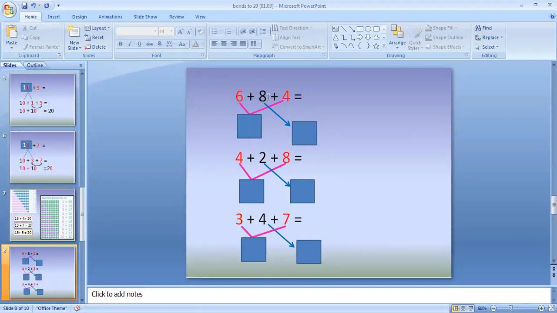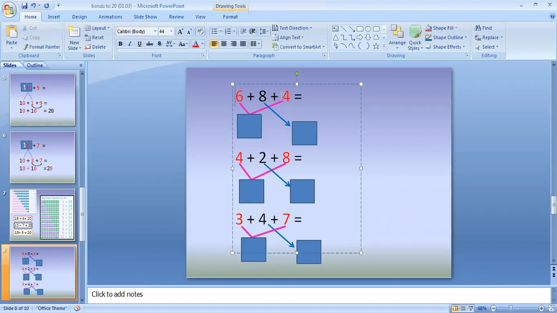Now by looking at these 3 numbers, can you observe something? 6, 8, 4. Did you notice something? Look at these red color numbers. I have highlighted 2 numbers in red. By looking at the 2 numbers, can you tell something?